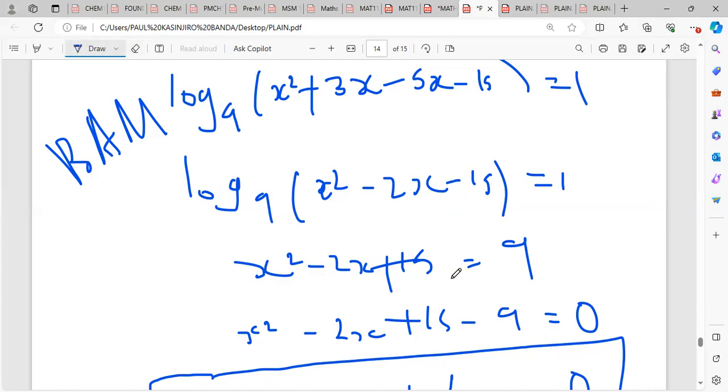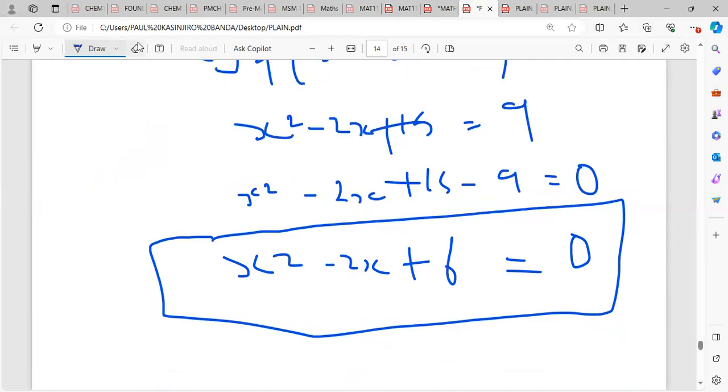So minus 15. Then there it should still be minus. What will we get? Is it something that will make sense? So it means there will be minus 15, minus 15. So what is minus 15 minus 9?